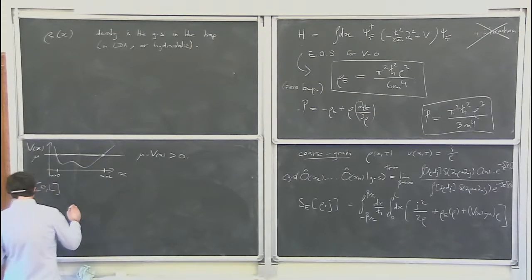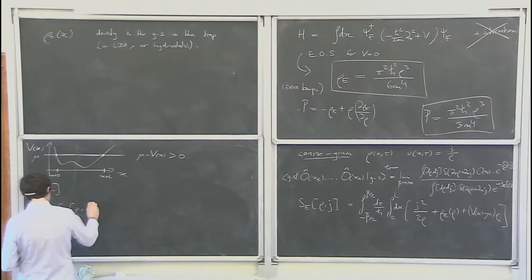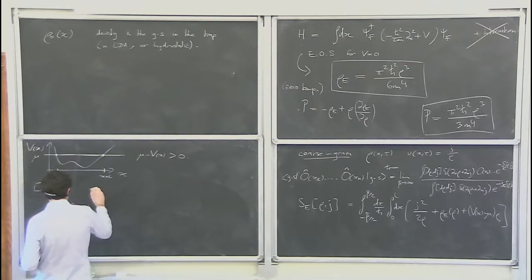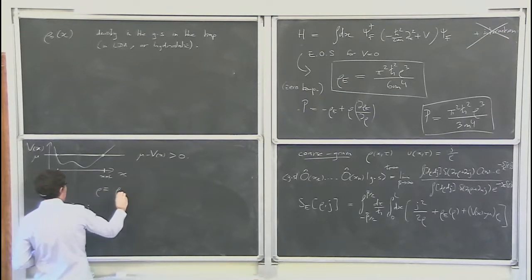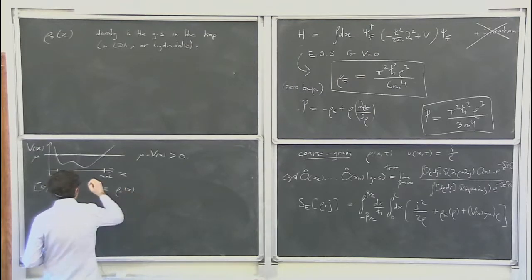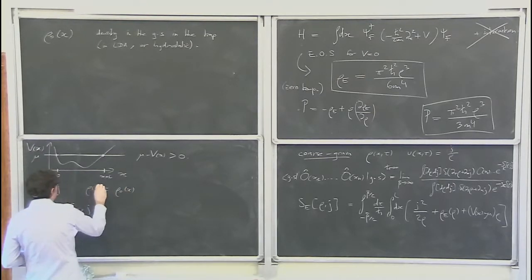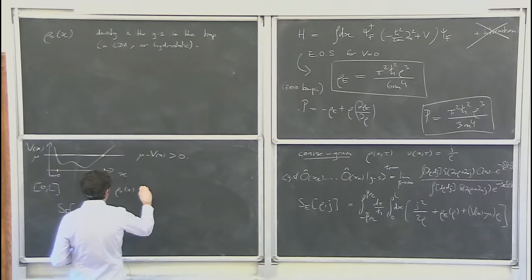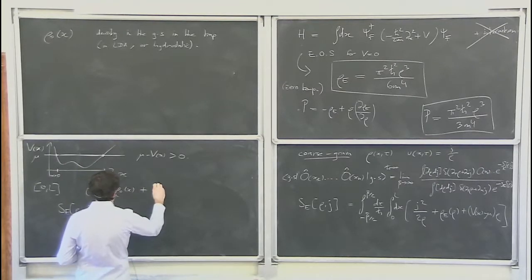So we take S_E of some configuration rho and J, with rho as a small perturbation around the hydrostatic classical solution, so rho naught plus delta rho.